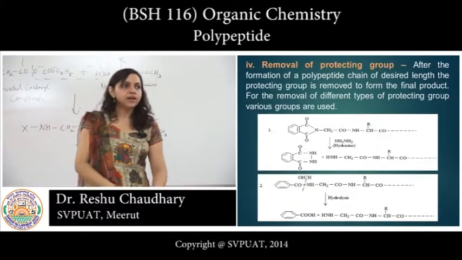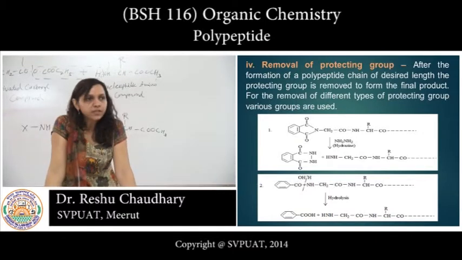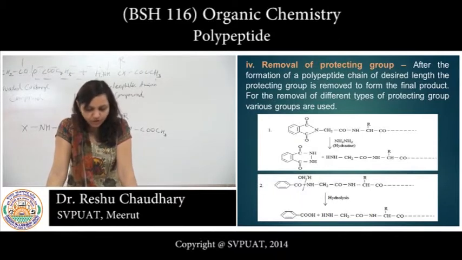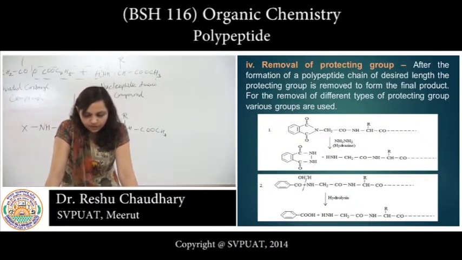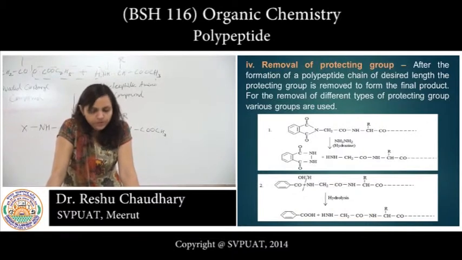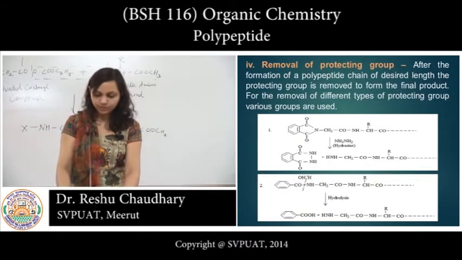Now the next step is removal of protecting group. After the formation of a polypeptide chain of desired length, when the desired length polypeptide chain is formed, then it is necessary to remove the protecting group. The protecting group is removed to form the final product. For the removal of different types of protecting group, various groups are used.